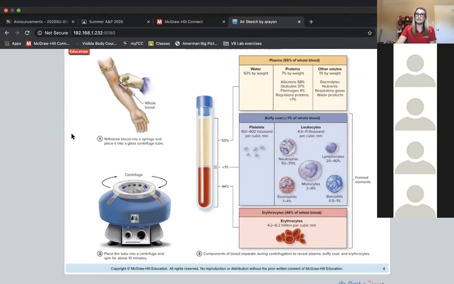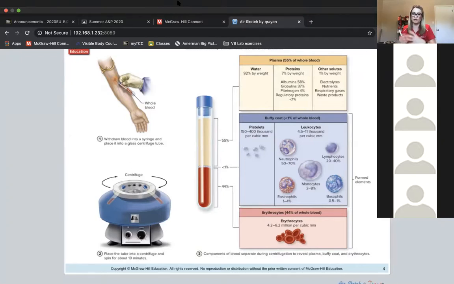Okay, so let's go ahead and begin with the plasma part here. We'll start from the top and talk about the specific components of the plasma. So you can see that plasma is mostly water. It's 92 to 95% water by weight. Okay, most of the plasma is water.